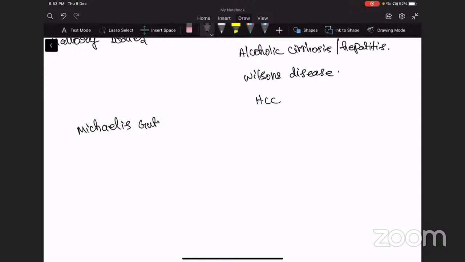Michaelis-Gutmann bodies are seen in malakoplakia.